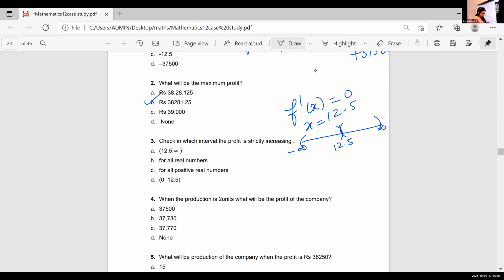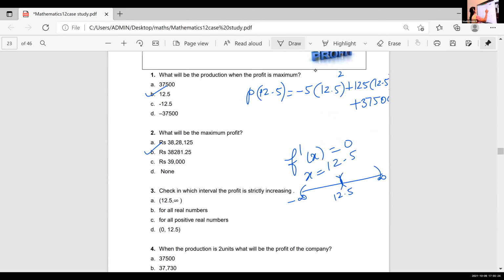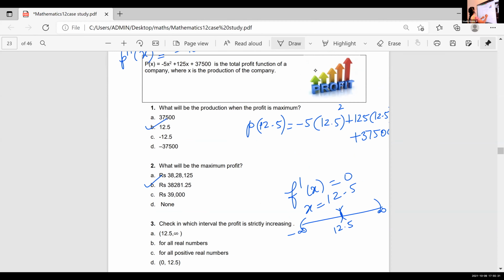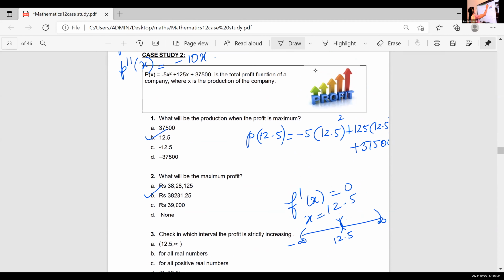Aryan, finished? Yes, ma'am. Explain that. F dash of x is 0. Up to that, is it okay? What is the value of f dash of x? Or p dash of x? P dash of x is minus 10x plus 125, isn't it?